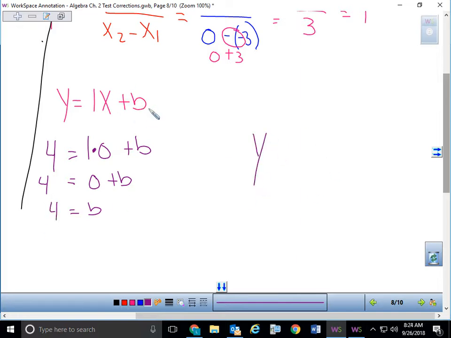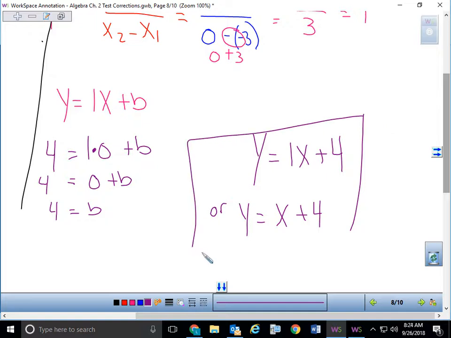Plugging it into this missing variable here, we have y equals 1x plus 4, but really is the same thing as y equals x plus 4. Either perfectly acceptable answers. Okay, let's keep on trucking here.